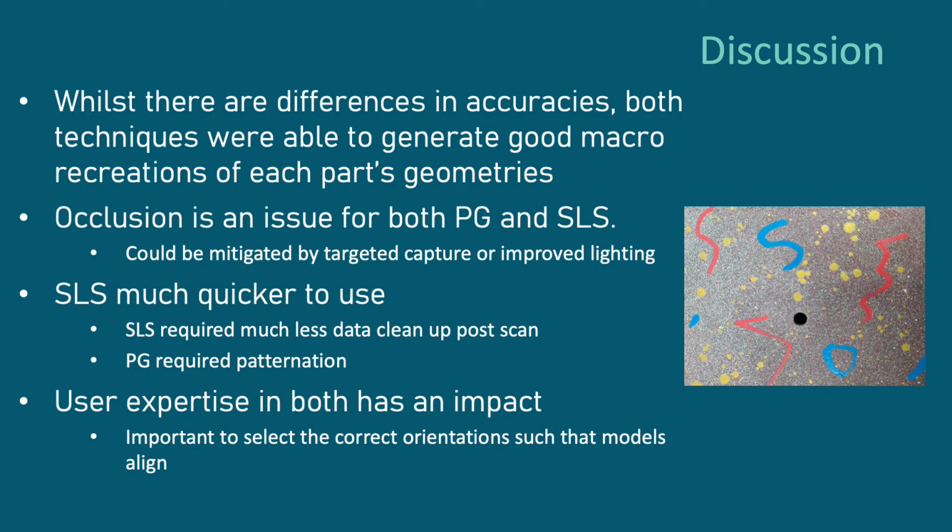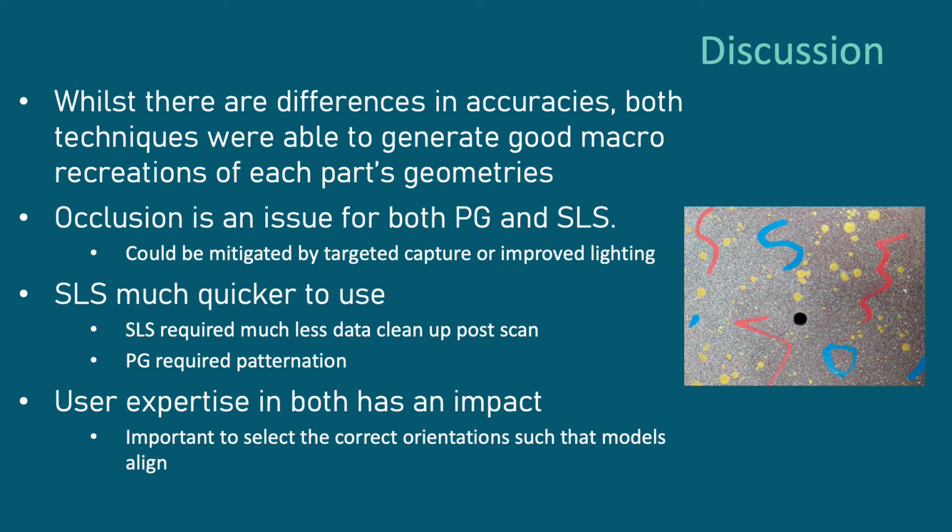So, whilst there are differences in accuracies, both techniques are able to generate good macro recreation of each part's geometries. In both cases, occlusion is an issue for both photogrammetry and structured light scanning, and this could be mitigated by either using targeted capture with a moving camera or with improved lighting conditions.